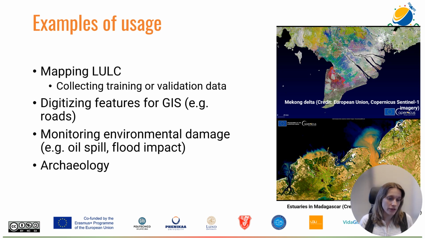Remote sensing or visual image interpretation is also used in archaeology to identify areas that are of interest to archaeologists. And we see on the right here 2 examples of images from the Sentinel-1 satellite, which shows what kind of features we can see from satellite images.